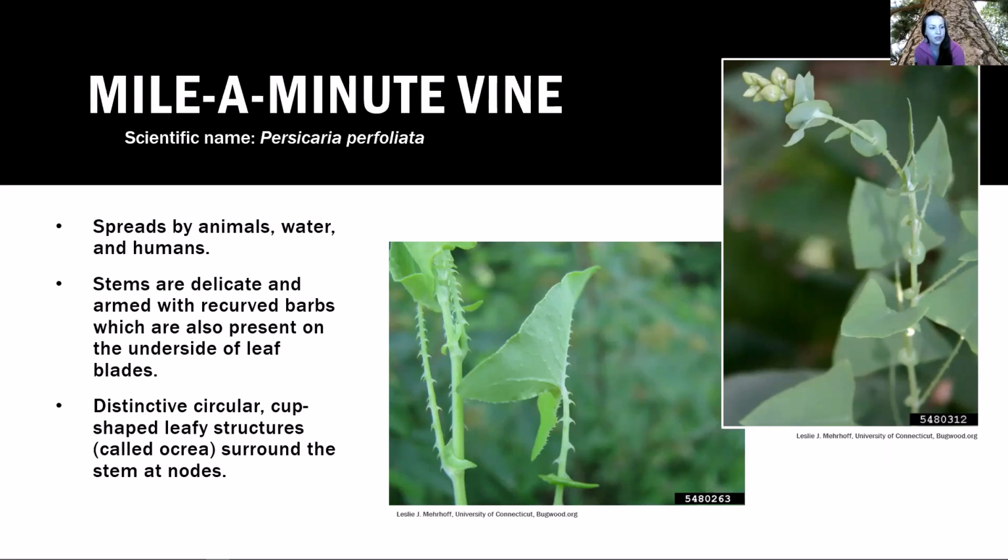It is able to get spread by animals and humans, and also by water flow. And it has these distinctive circular cup-shaped structures called ochrea that you can see in the photo on the right that surround the stem at the nodes. That is another distinguishing characteristic that you can use in identifying it.